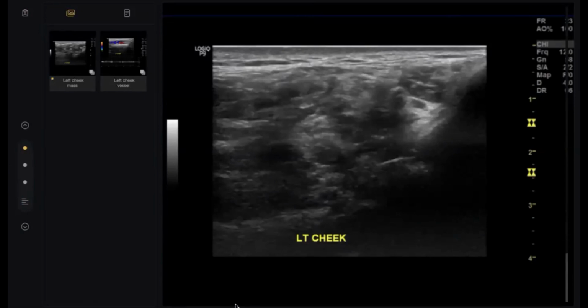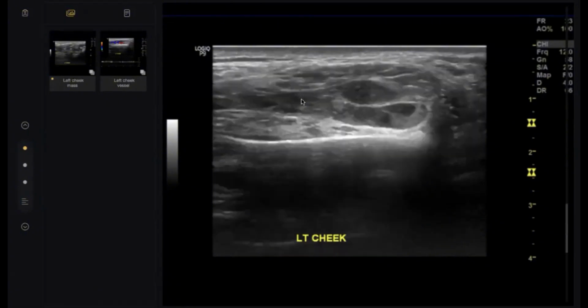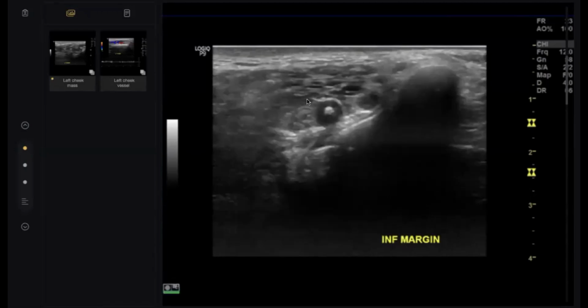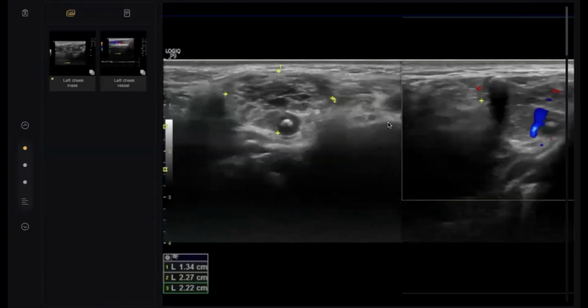Okay, I have been presented with multiple ultrasound images of the left cheek of an adult patient with lower cheek swelling. I can see that there is swelling of the subcutaneous soft tissue, and in the inferior margin there is what looks like a hyperechoic structure surrounded by hypoechoic tissue. Sorry, I can see an oval-shaped lesion with a measurement written below.